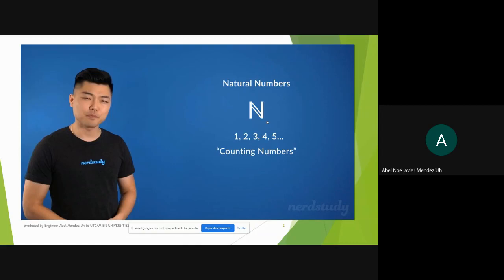Because we use them to count when we go to the mall or to buy something.